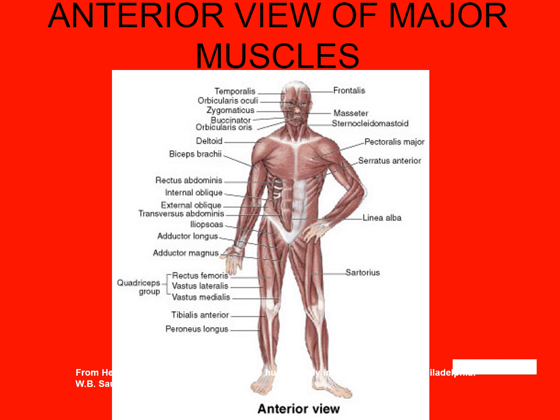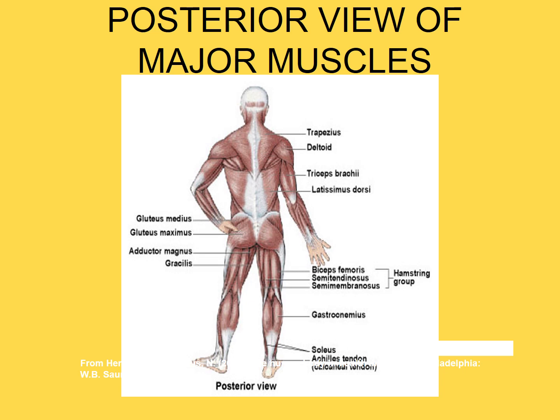There are many different ones. So this is a view of the major muscles. Next slide. And this is showing you the posterior view of the major muscles. So you have the gluteus maximus, the butt muscle, and it's important, because there are certain conditions that actually affect the muscles and create weakness, and so we need to pay attention to that.